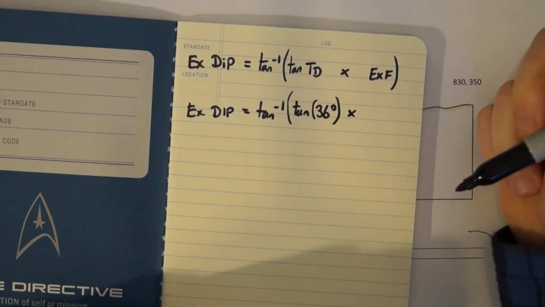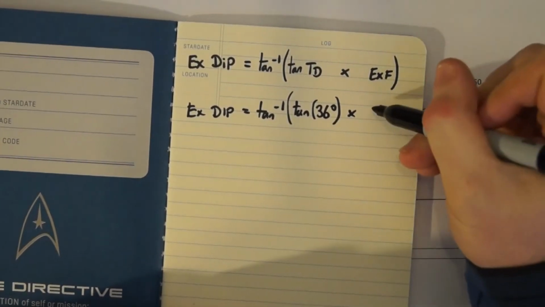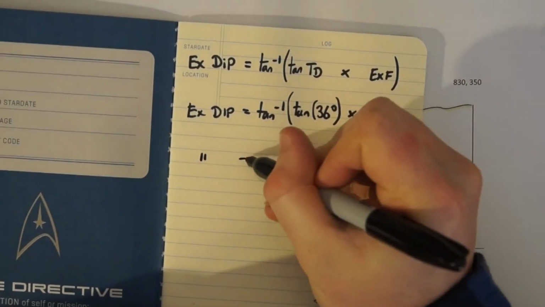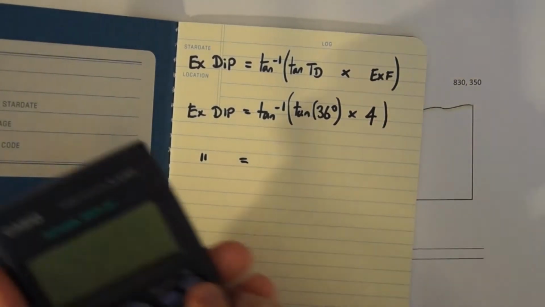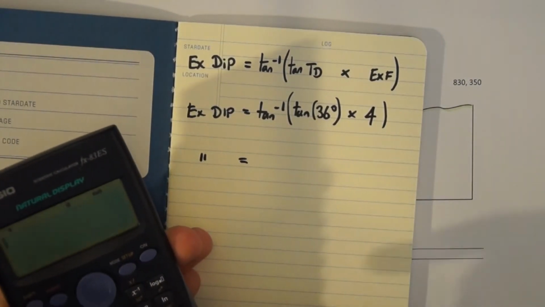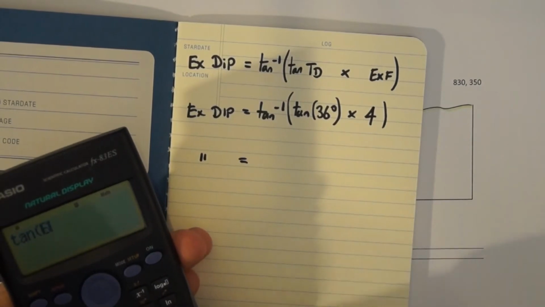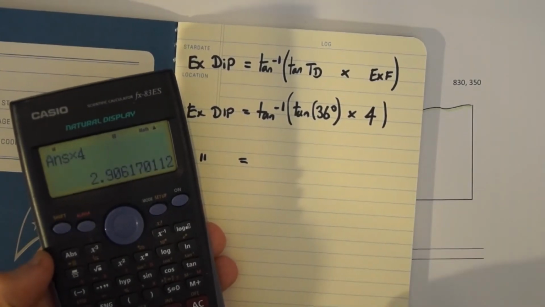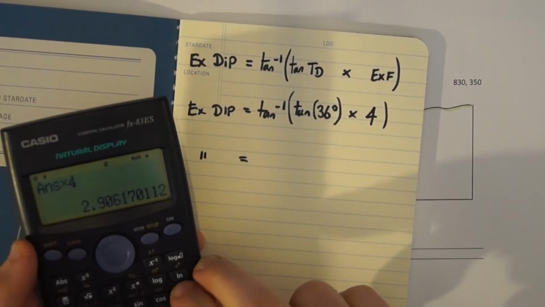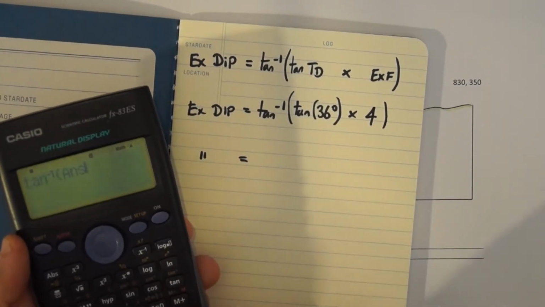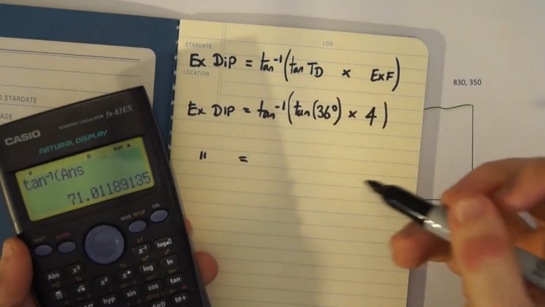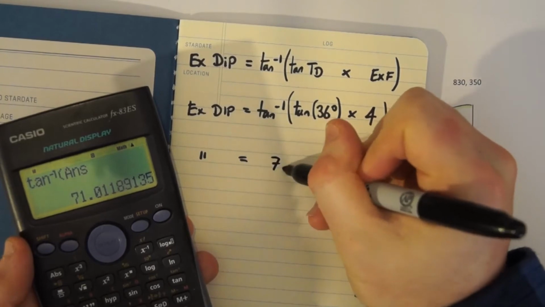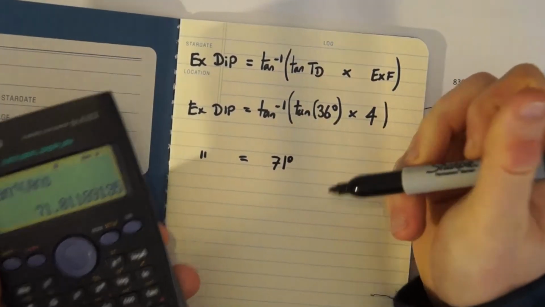And the exaggeration factor that we're using for our cross section is 4. So what we can do is calculate the tan of 36 degrees, multiply that by 4, and then take the inverse tangent of that answer. So the exaggerated dip for our fault is 71 degrees.